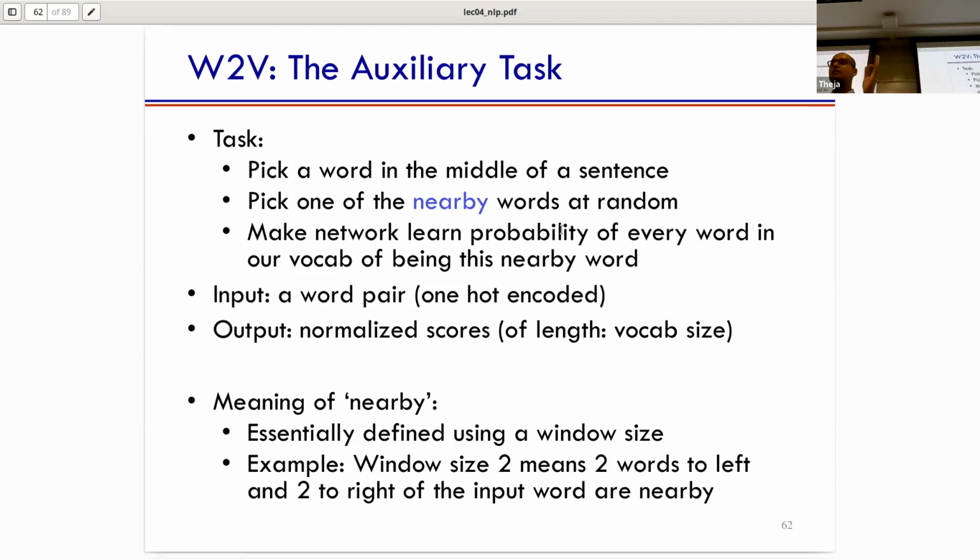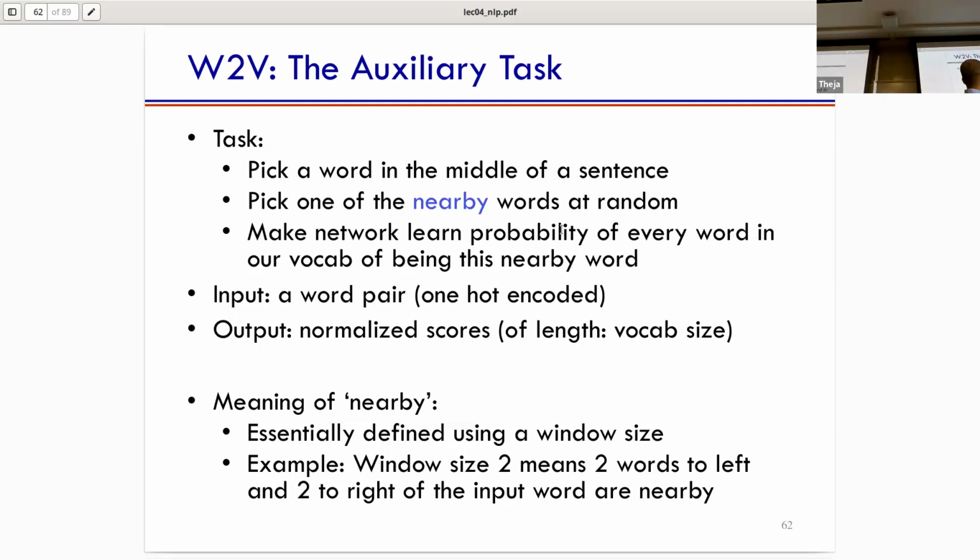Predicting all of them would be too many, so let's pick 2 words to the left and 2 words to the right, and try to predict those 4 words given this focal word. That's the task. We're going to make the network learn the probability of these nearby words given the focal word. So how do we do that?